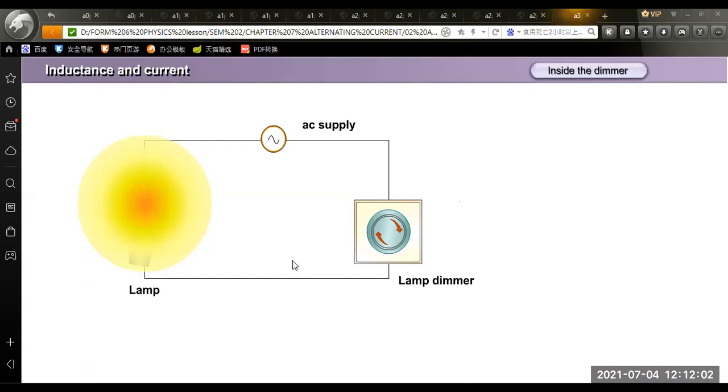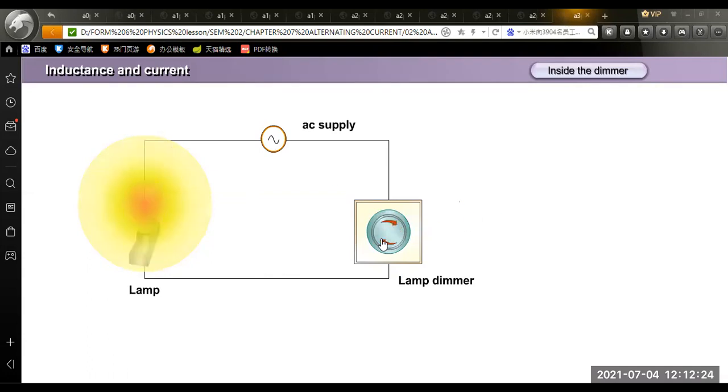Okay, next, the AC power supply goes through a lamp and through a lamp dimmer. This is the control to control the brightness of the lamp.